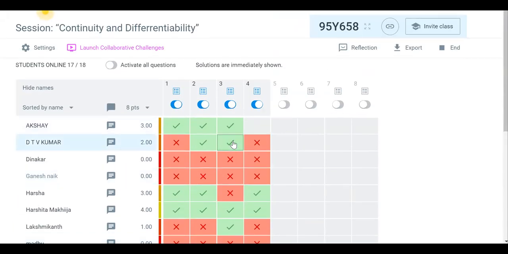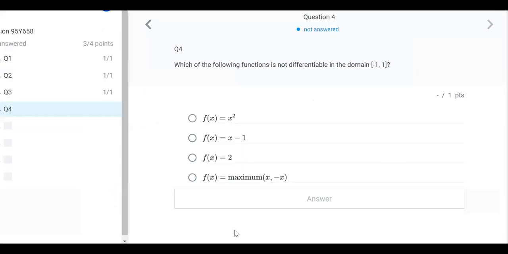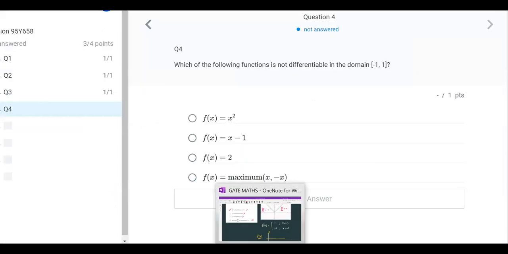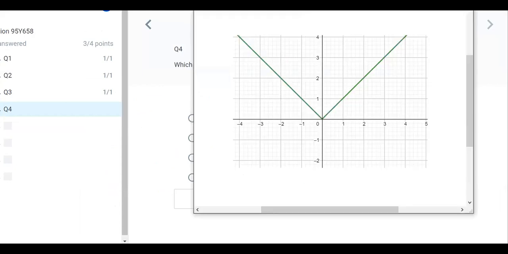Okay, just now look at this. The question may appear to be a little confusing, but actually it is the same question being repeated. See, the modulus function is so important.